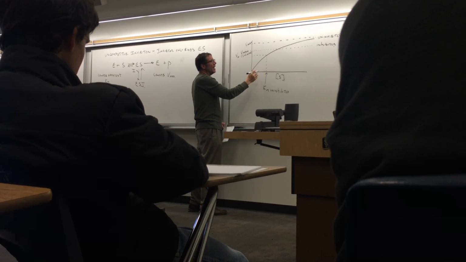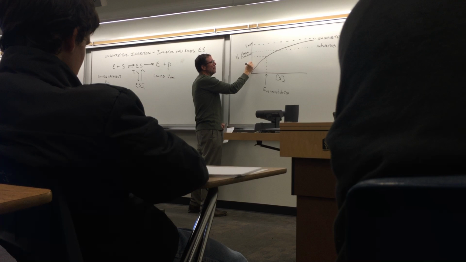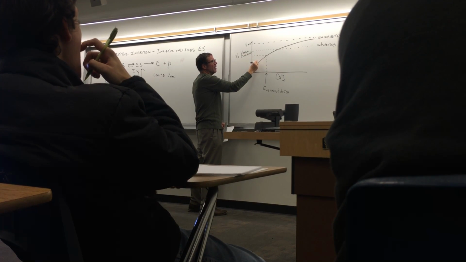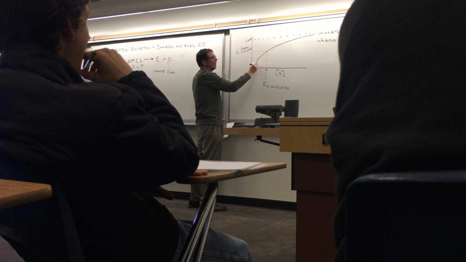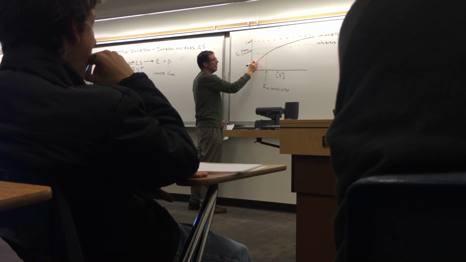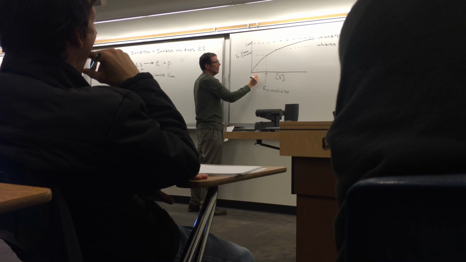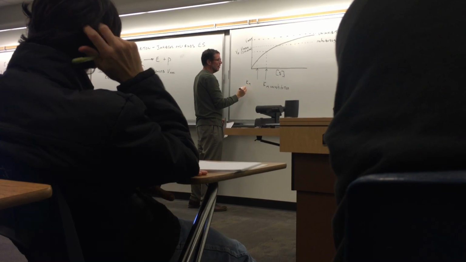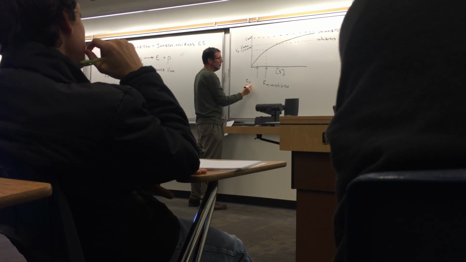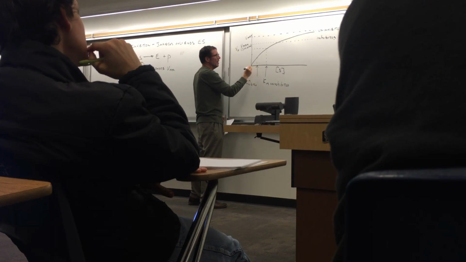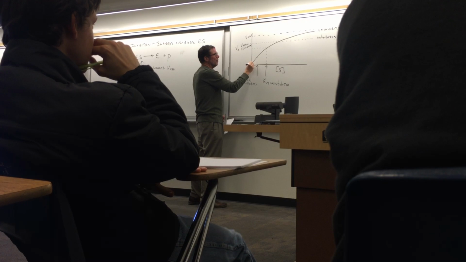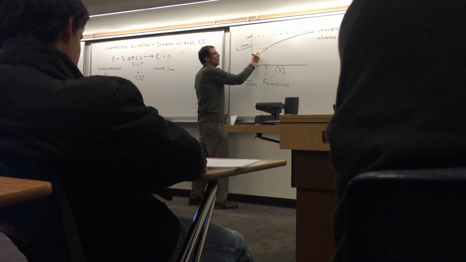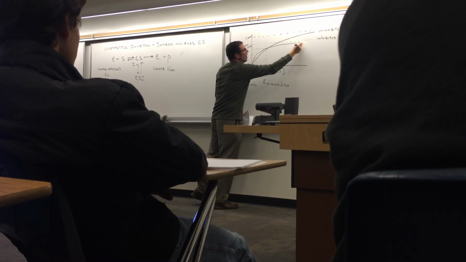Okay, so if this is our half Vmax of the inhibited one, our Km is going to end up being something like in here. And so this is going to go up more steeply than the uninhibited reaction, but it's going to level out at a lower level.